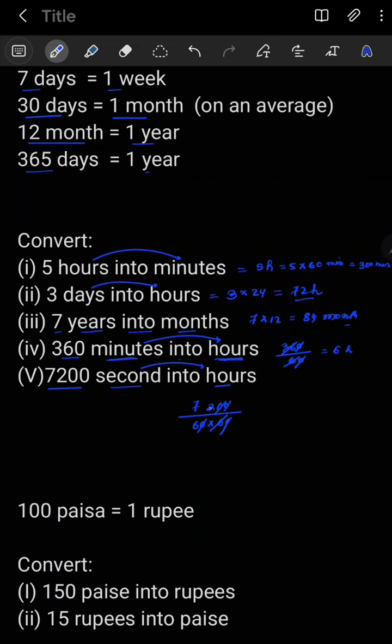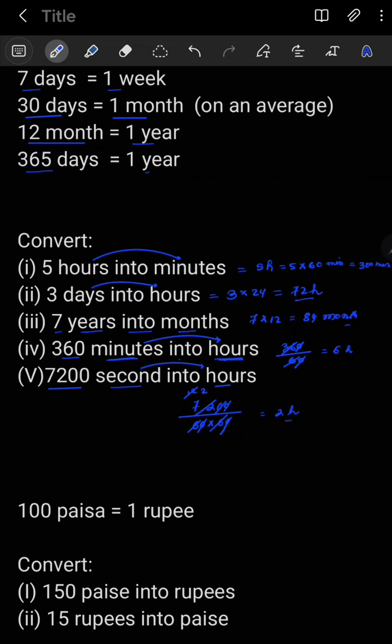Then 72, if you divide with 6, you will get how much? You will get 12. Then again that 6 left here, and 12 how many times? It will go 2 times. So it means your answer is 2 hours.